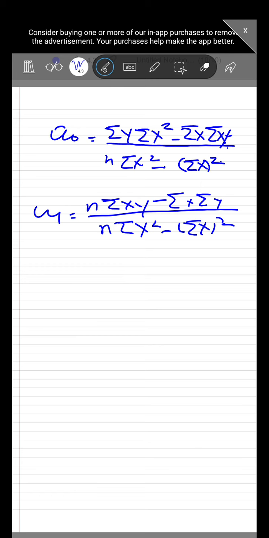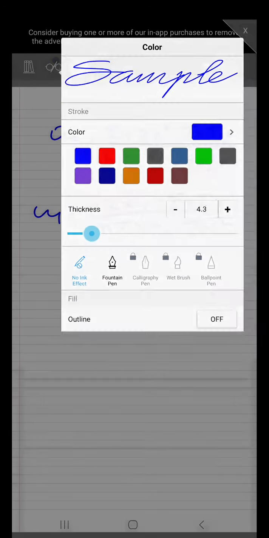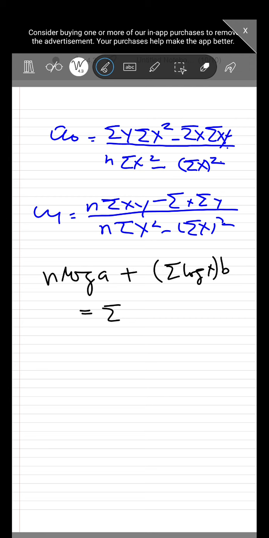So if we put the normal equations for the geometric case, we get the normal equations as n into log of a plus summation log x into b is equal to summation log of y minus c.